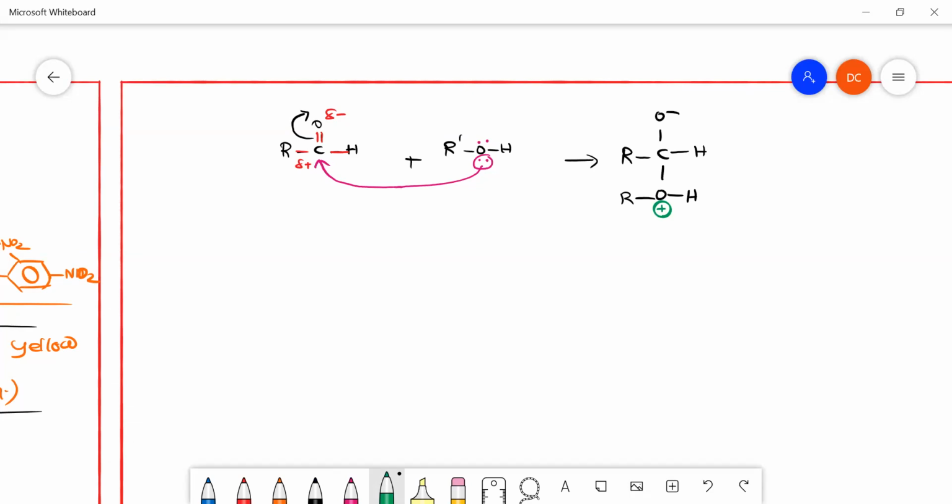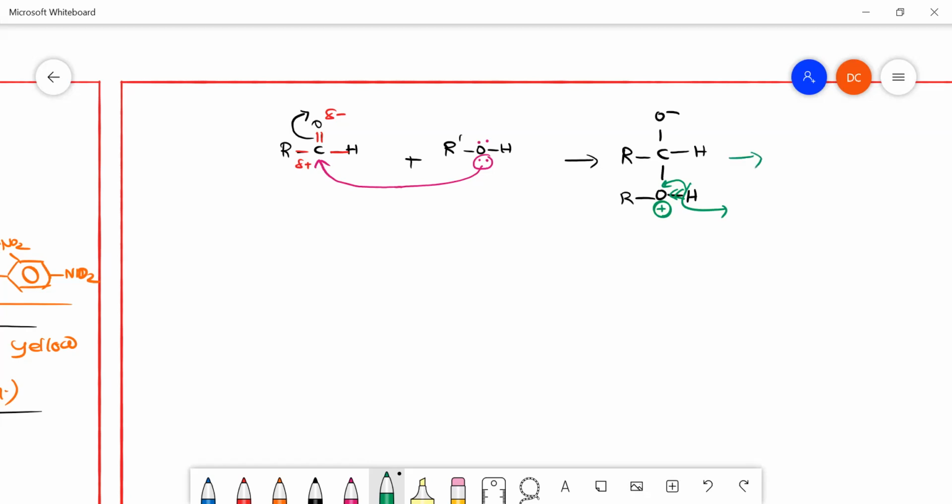Then oxygen is highly electronegative, so it can pluck the electron from the hydrogen. The hydrogen donates its electron to the oxygen, because the oxygen, with a positive charge, is electron deficient and still requires more electrons. So it quickly pulls the electron from that hydrogen and cleaves it as H plus.